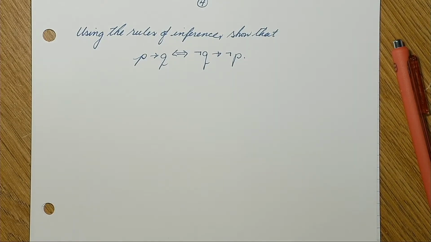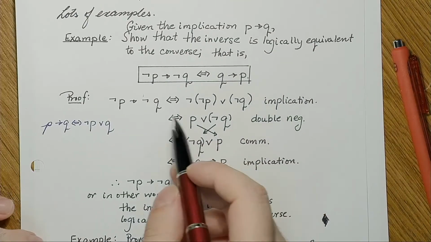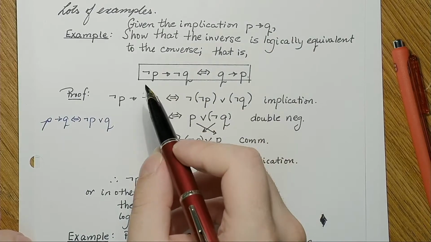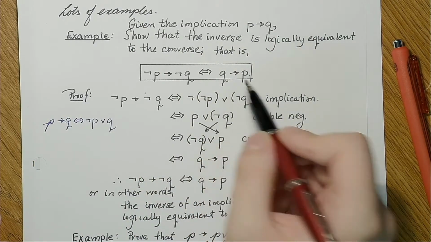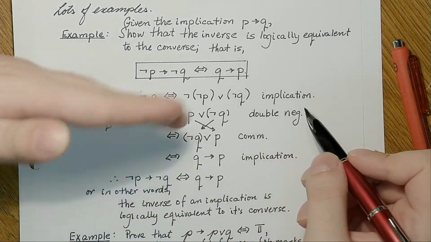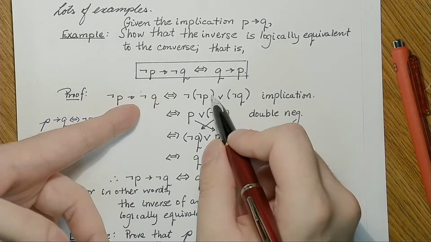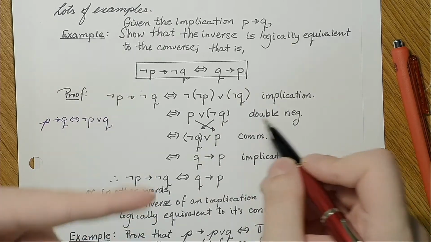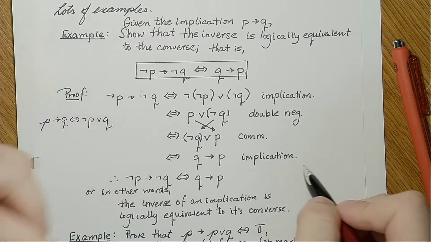That's the nice thing with proofs: once you've done enough of these, they start to become like templates. Very similarly to how we showed that the inverse is logically equivalent to the converse, we converted the implication so that we had the or, we had some sort of double negative, we did a commutative property, then we applied the implication.